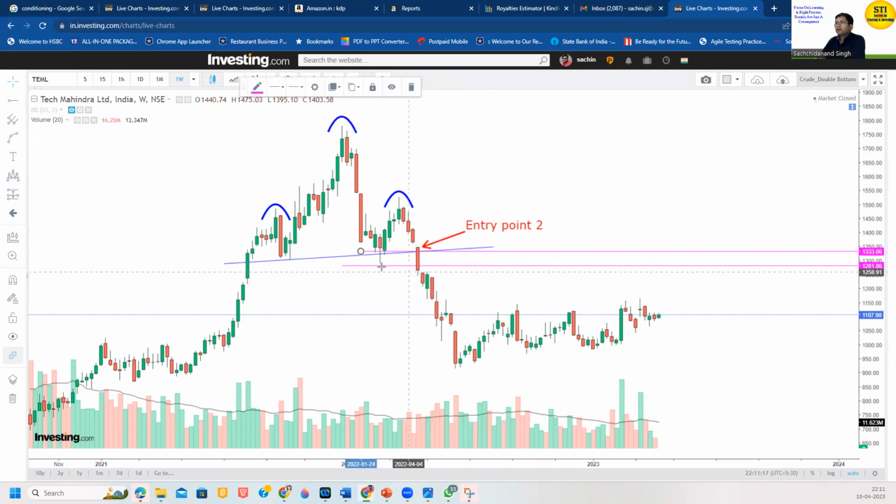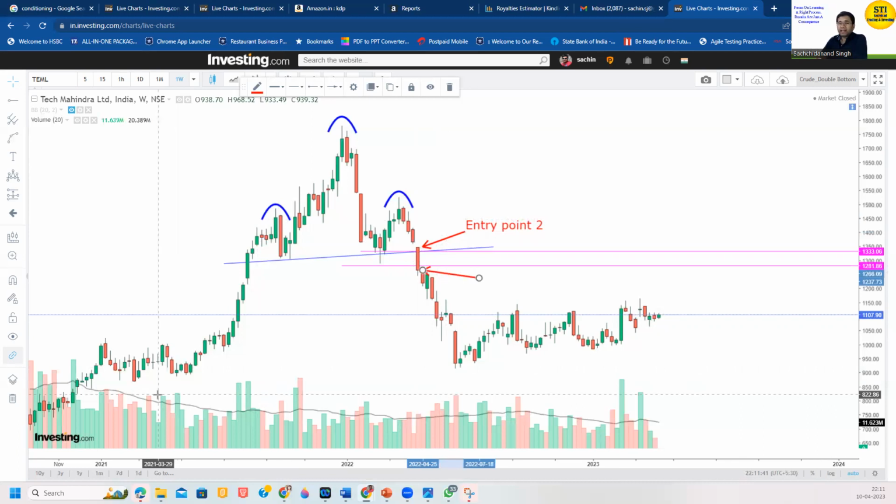So why is this kind of neckline more effective? It is giving you a better entry position. In the first scenario, your entry point is down. That means you are selling your stock, or maybe selling the futures of this particular stock, at 1281.